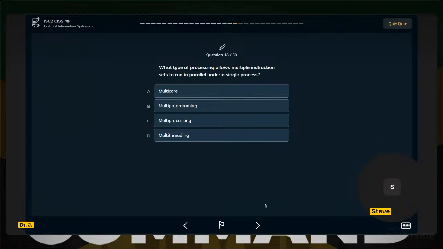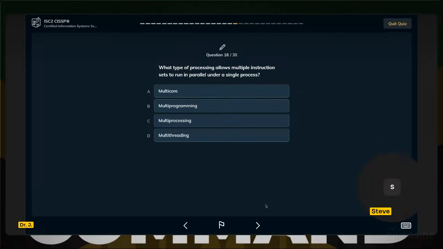All right, what type of processing allows multiple instruction sets to run in parallel under a single process? That's a tricky one. Was it multi-threading? I think it would be multi-core, because it says single process, not multi-process.